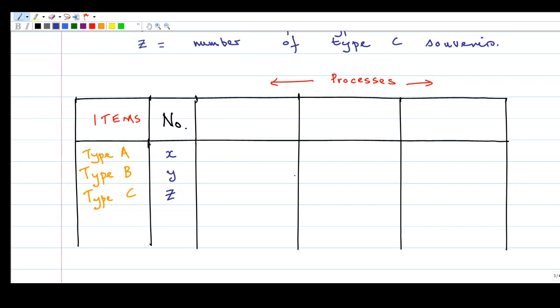Now we look at the processes that are involved, right? We've got 3 machines. Machine 1, and we can look at the time in minutes.